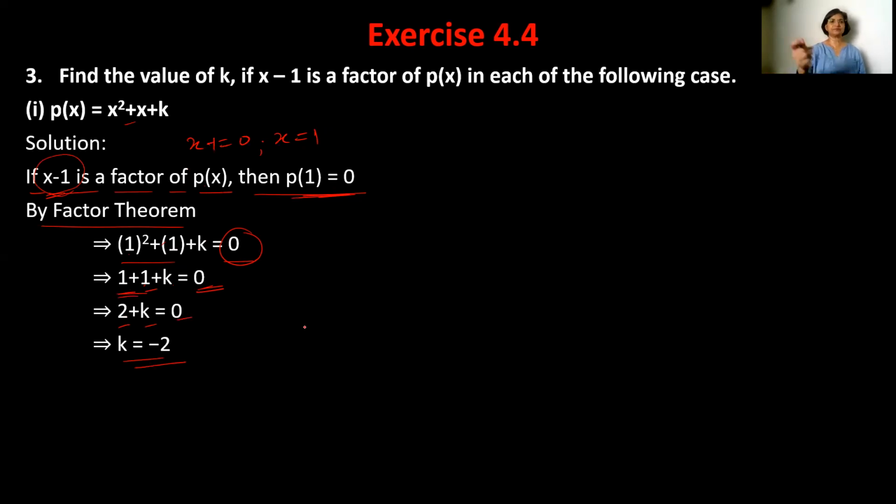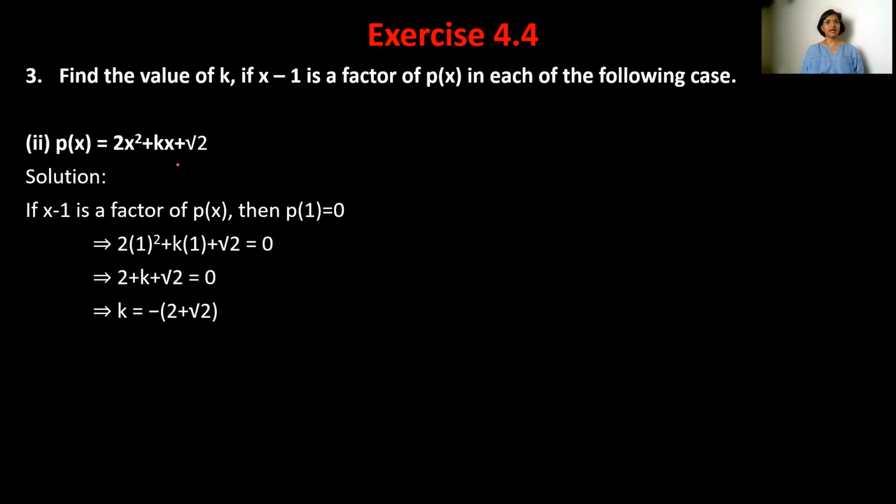So it's very simple. Next question is p(x) equals 2x square plus kx plus under root 2, and we have to find it out. x minus 1 is a factor of this expression. So again, x minus 1 equals 0. That implies x equals 1, right? So here also we are replacing x by 1. So 2 into 1 square plus k into 1 plus under root 2. 2 into 1 square means 2.